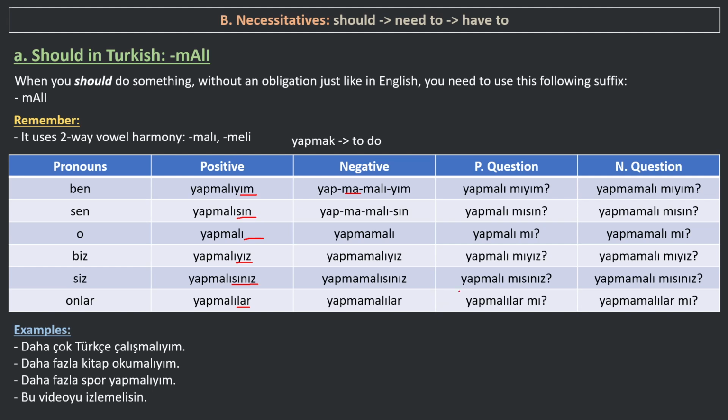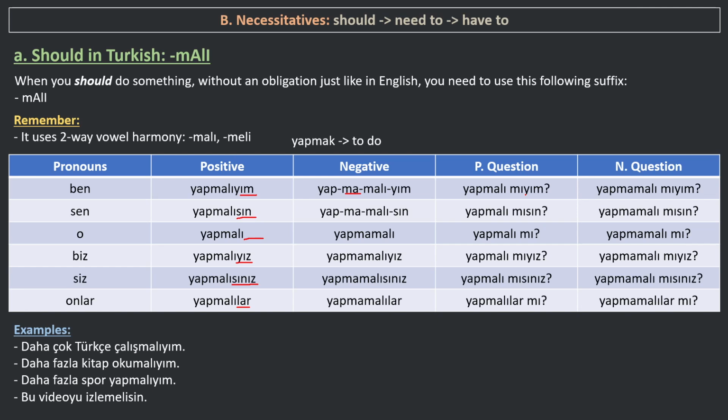And it goes the same for positive questions. P means positive, N means negative. Positive questions, negative questions. Like, should I do it? Yapmalı mıyım? The thing with questions is a bit tricky. We will have a separate lesson on how to ask a question.